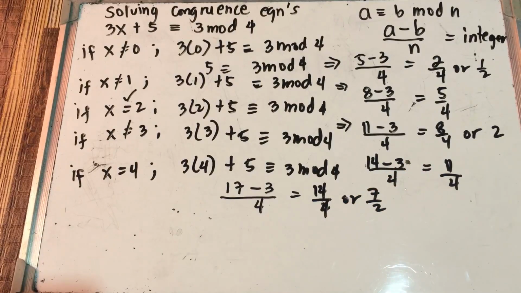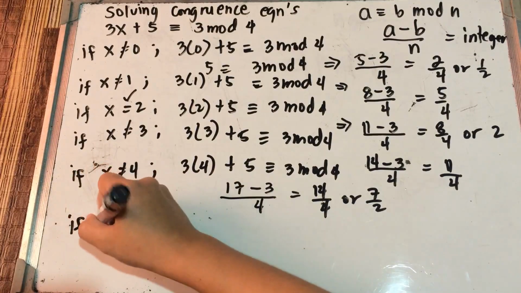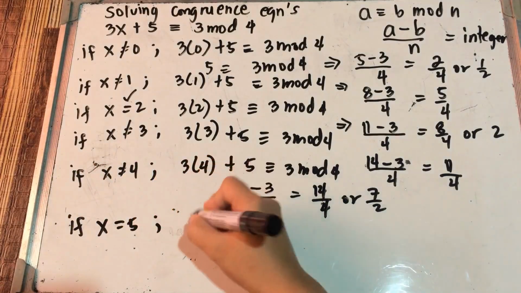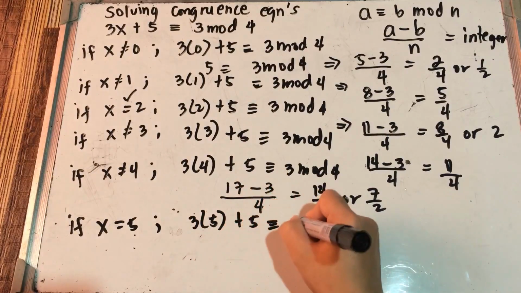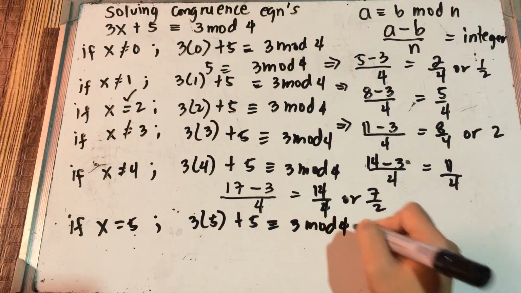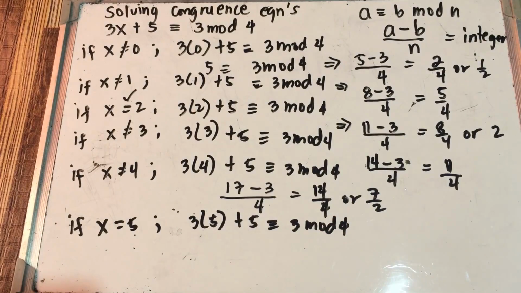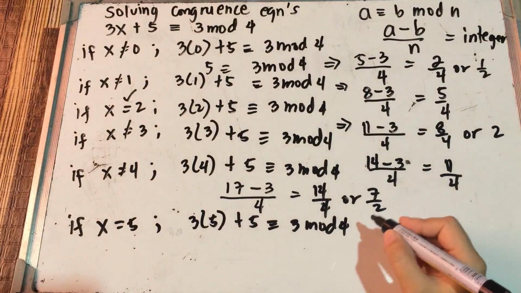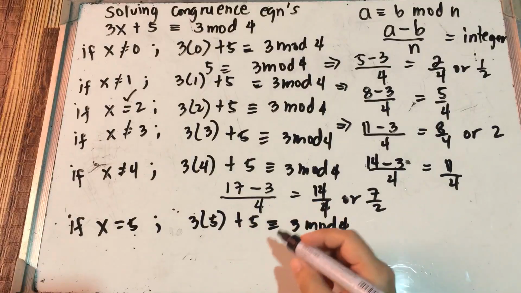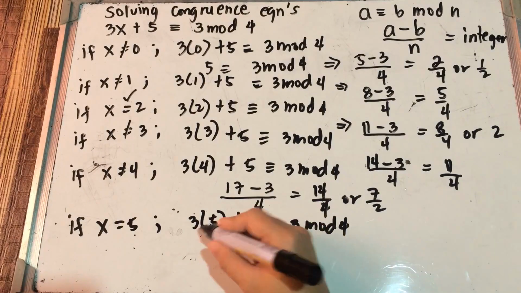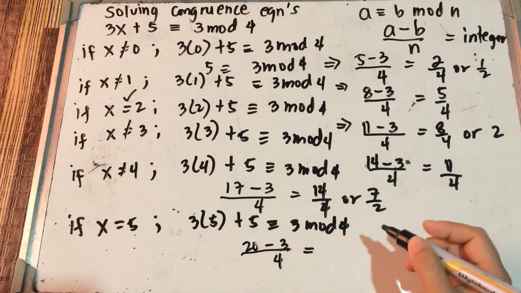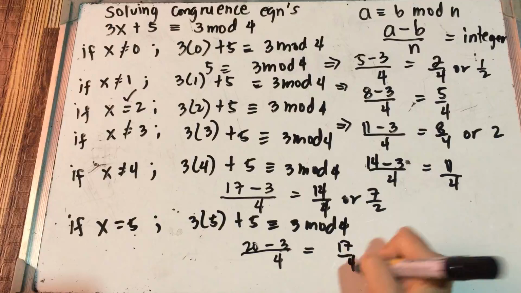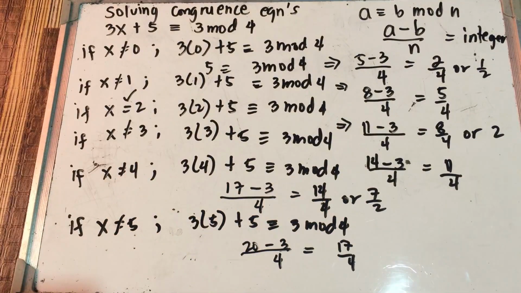Still, it is not an integer, so it is not a solution. If x is equal to 5, 3 times 5 plus 5 congruent to 3 modulo 4. So, we have 15 plus 5, 20 minus 3 over 4 equal to 17 over 4. So, it is not a solution.